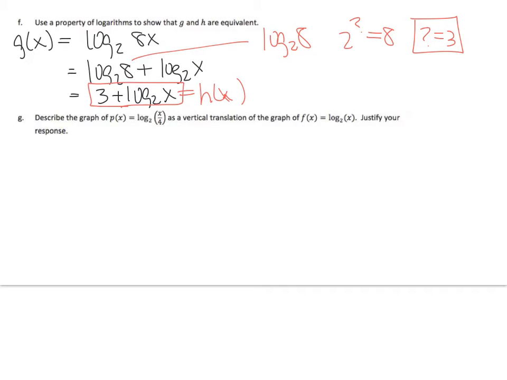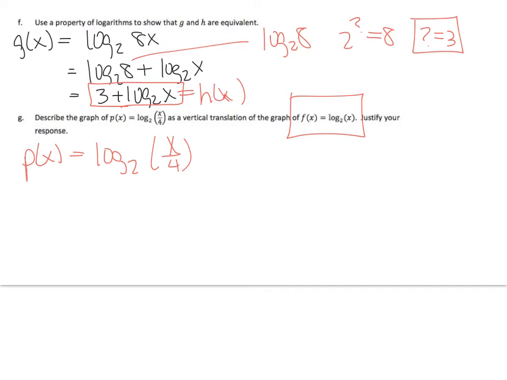So does the graph of p of x equals log base 2 of x over 4? Describe the graph of p of x equals log base 2 of x over 4 as a vertical translation of the graph of f of x equals log base 2 of x. So we're going to use the logarithmic properties to show this, just like we did with part f.